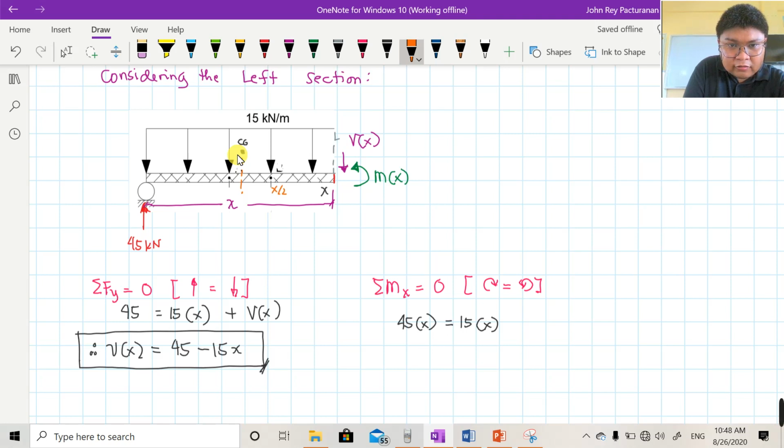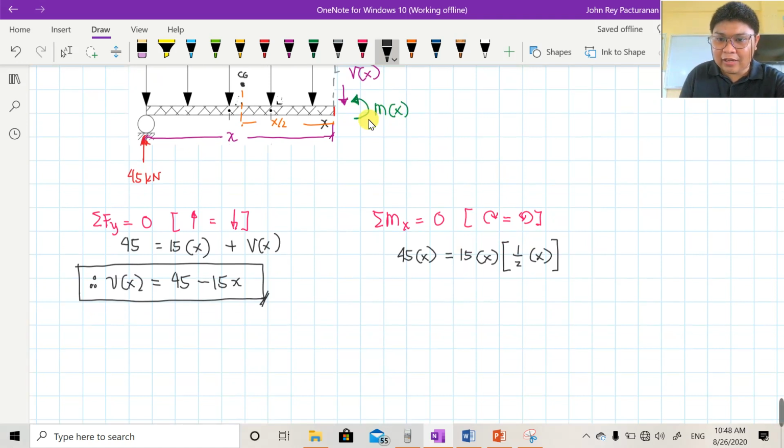This is the correct way of creating the shear and moment function. Since the m of x itself is a counterclockwise moment, it is included. Arrange it: 45x equals 15 divided by 2, 7.5 x squared, plus moment of x. Then isolate the m of x.